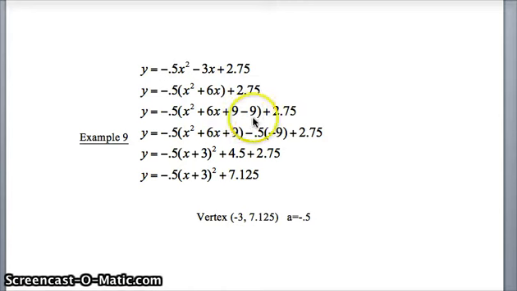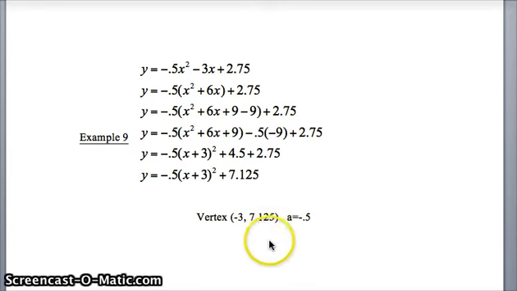Remember, when you take the subtraction out, you need to multiply by the A value. So -0.5 times the -9 will give you a plus 4.5. So when you factor your perfect square, you get x plus 3 in brackets squared, and then you can simplify what's outside. So we can see that we have a vertex of -3, 7.125 with an A value of -0.5, so opening down with a vertical compression of 0.5.